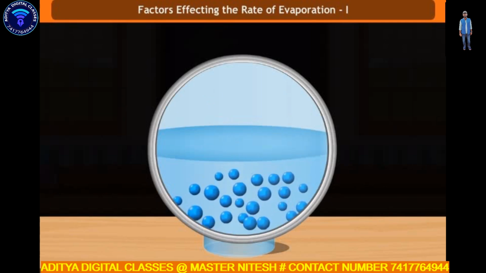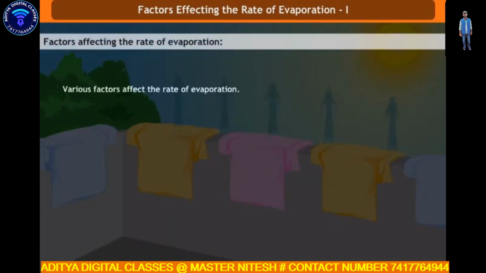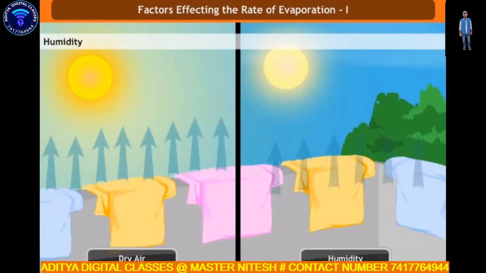Thus, evaporation is a physical process in which a liquid changes into its gaseous state below its boiling point. For example, wet clothes can be dried on a sunny day, and that takes place due to the evaporation of water. Various factors affect the rate of evaporation. They are humidity, temperature, wind speed, and surface area.